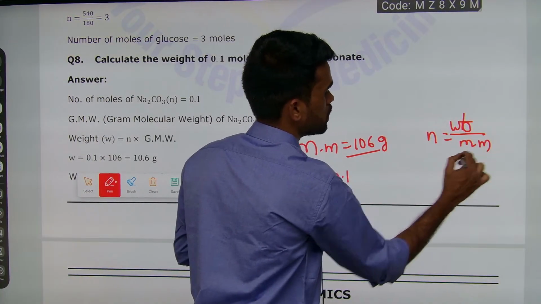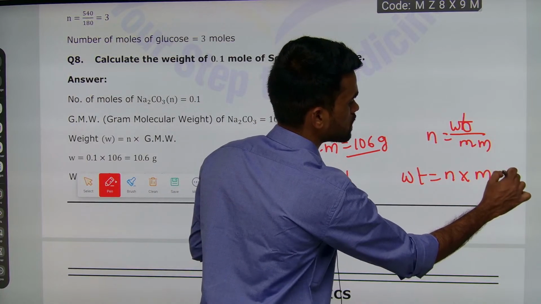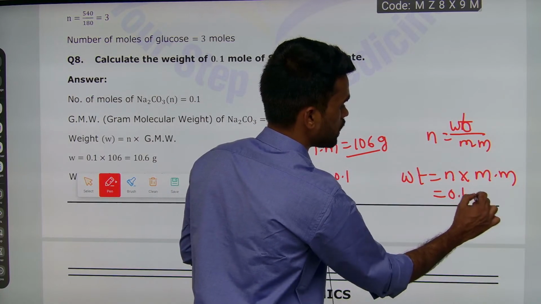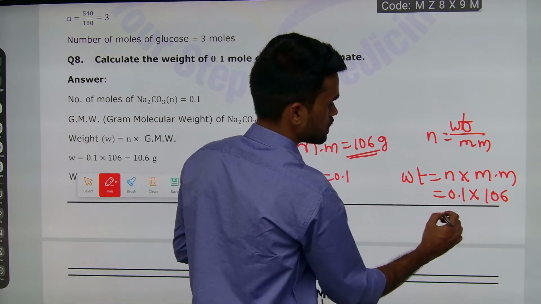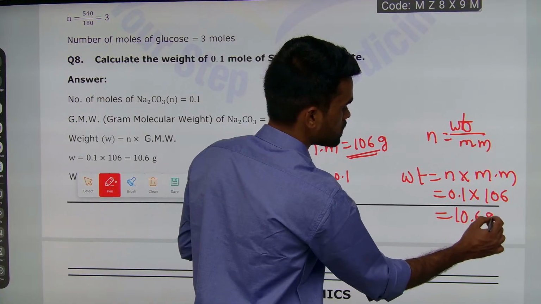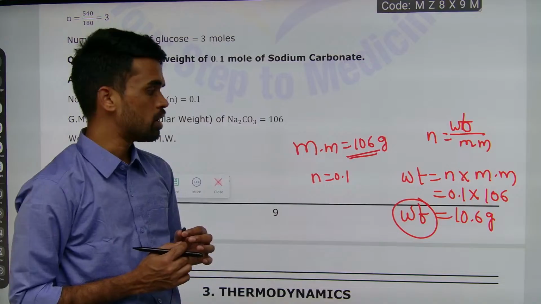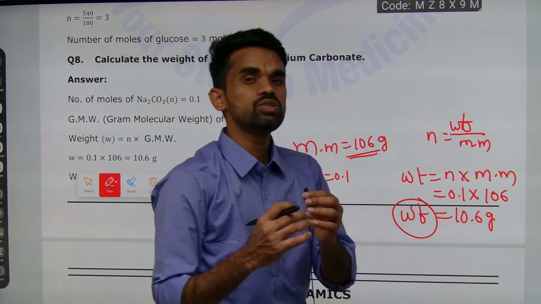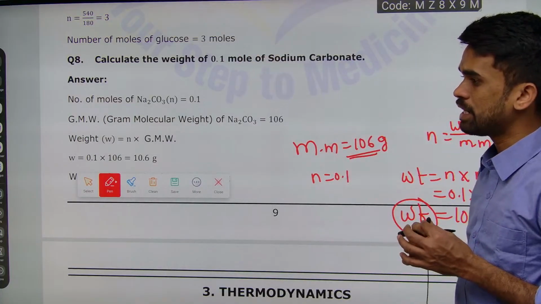So weight of the substance equals number of moles times molar mass, that is 0.1 into 106. That's it. 10.6 grams is the weight of this Na2CO3. This is how you calculate weights from the given quantity of substance.